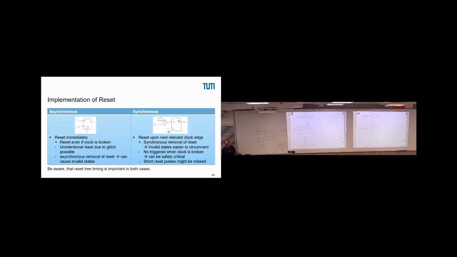Okay, now why do I tell this? One problem of this asynchronous reset is that at any point in time it can come. It is not dependent on the clock, and it may come at an unsuited time, where afterwards half of the system is in reset and the other half is not.